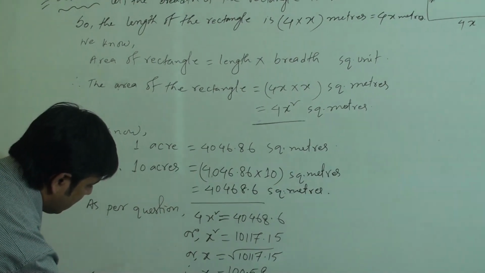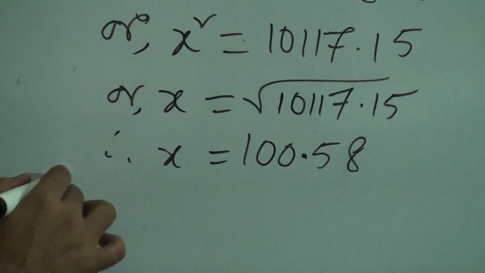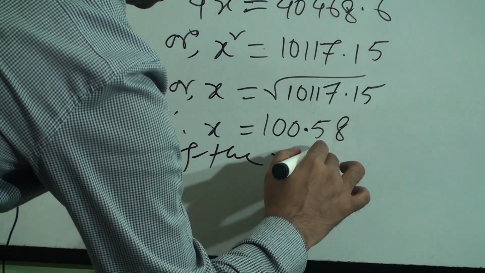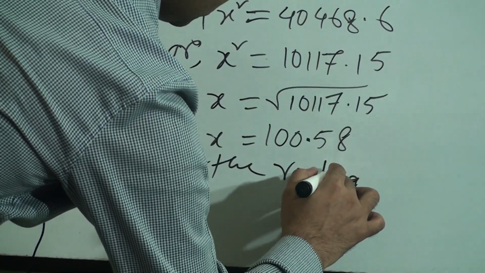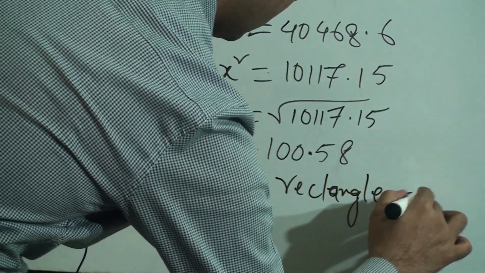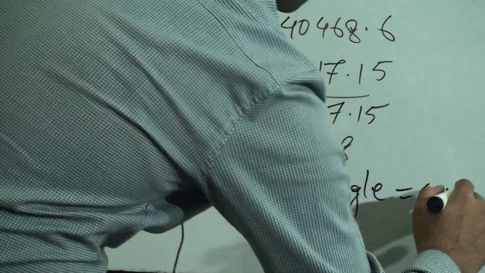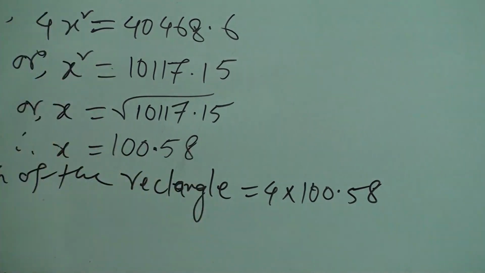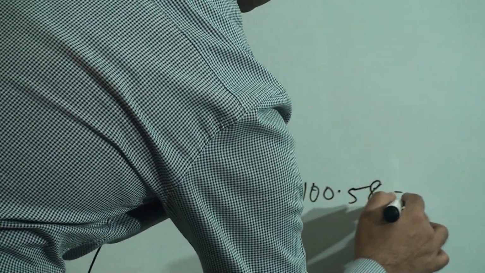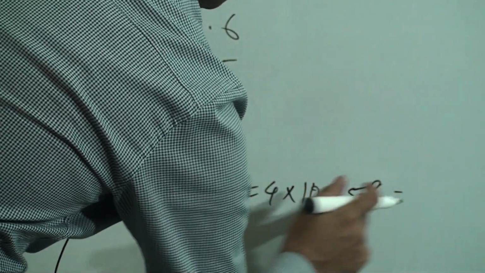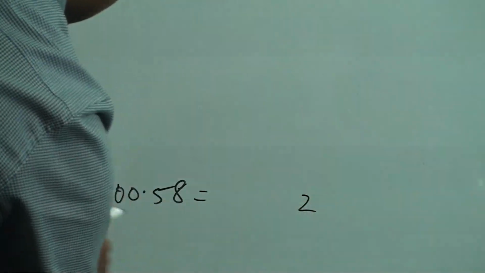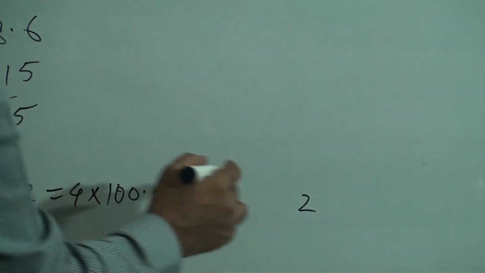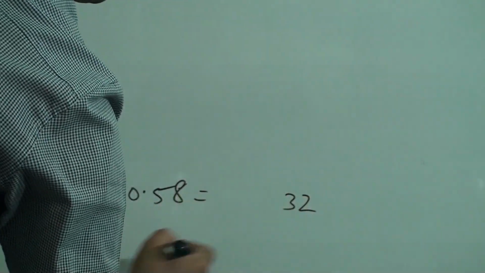So the length of the rectangle equals 4 into 100.58. Now if we multiply, what will you get? 4 8s are 32, 4 5s are 20, and 3, that is 23.